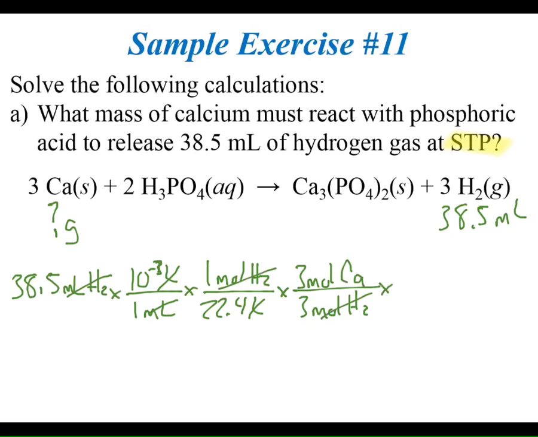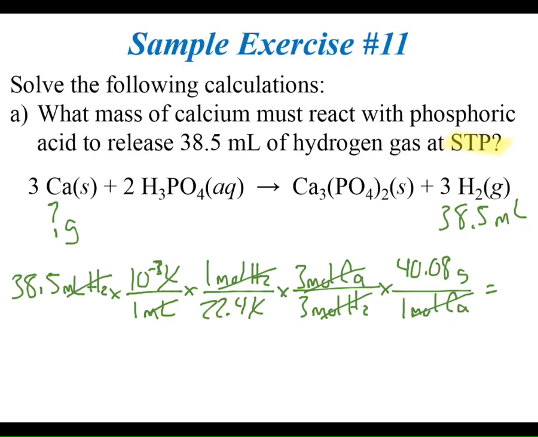I don't want moles of calcium, I want mass of calcium. Molar mass, yes. So calcium, 40.08 grams is a mole of calcium. There you go.